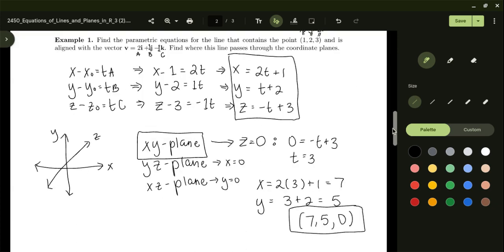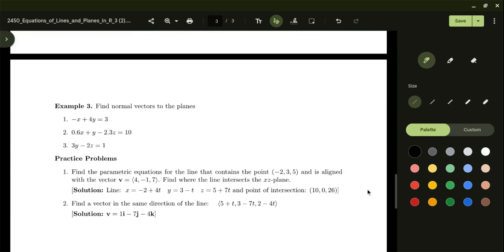And so now going back to these, our first plane is given by the equation negative x plus 4y equals 3. So we have that n is going to be equal to, well, our a is the coefficient of our x, which is a negative 1 here. Our b is our coefficient of y, which is a positive 4.